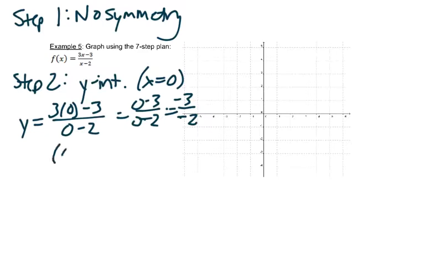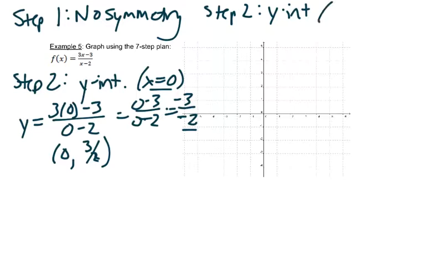So my y-intercept is x equals 0, y equals 3 over 2. Negative divided by a negative is a positive. So let's go ahead and put that on the graph. I'm going to put it on in purple. So it's a point on the y-axis at 3 over 2, which is 3/2.